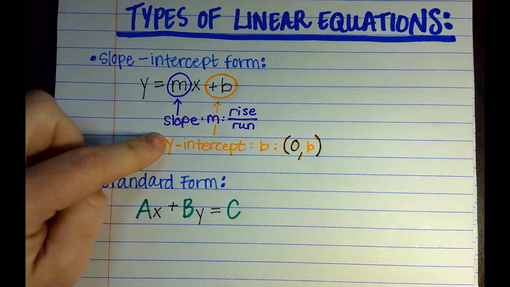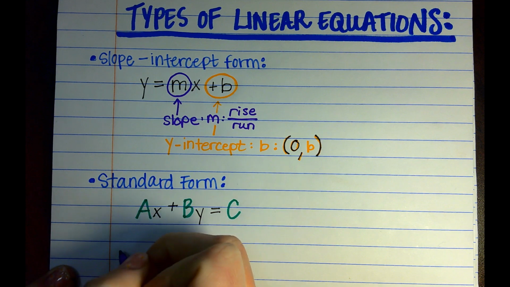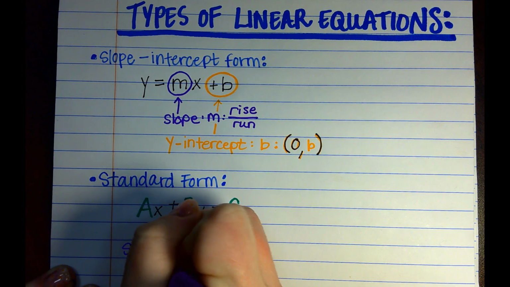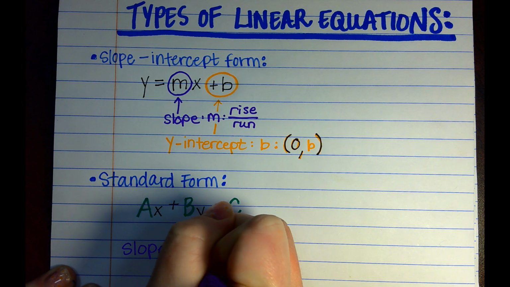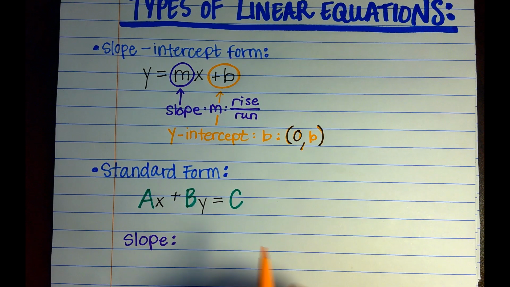Once you know the y-intercept, you have a starting point. When you know the slope, you know how far up and over to go, or how far down and over to go. So I'm going to make a note under it. I'm going to write slope. I'll show you how we find those here in a minute. And then y-intercept.